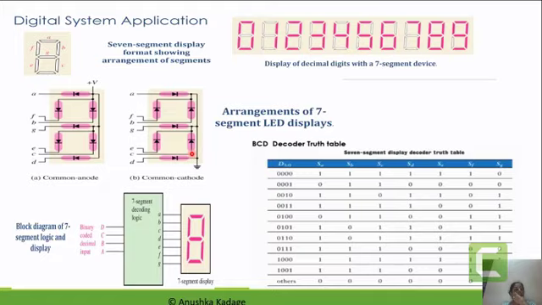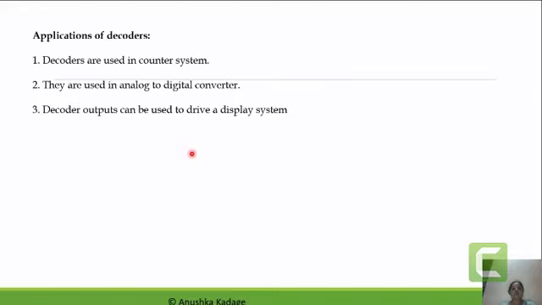So friends, here we have seen the concept of 7 segment display, how the BCD to 7 segment display is obtained, the two types of LED displays, that is common anode and common cathode type, and how the truth table for the decoders has to be written.